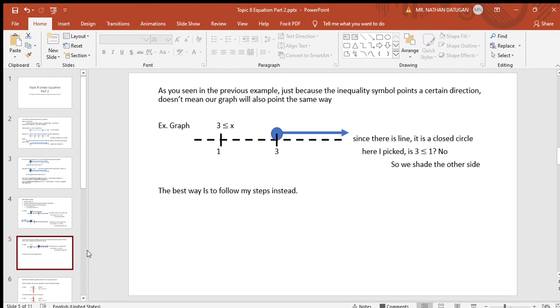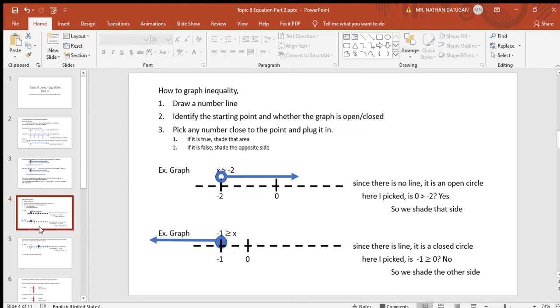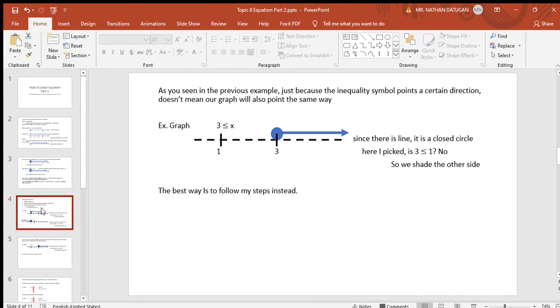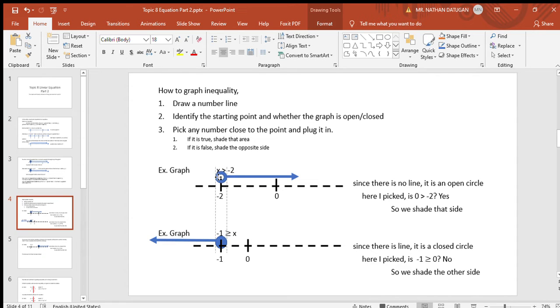So let's have another example, our last example. Oh yeah, before we move on, we've talked about the example. Some people, when they graph, whatever the sign points at, that's where they're going to graph it.